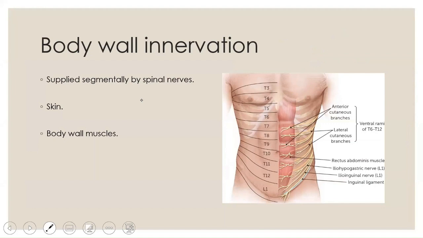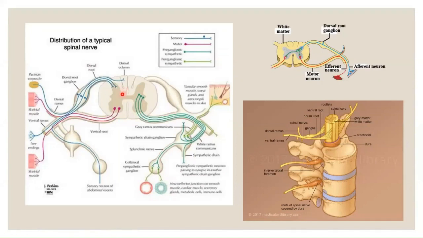If you look at how the body wall is innervated, these spinal nerves, okay, so you have the roots coming out from the spinal cord. These roots get together and form the spinal nerves. This part is the spinal nerve, and again this divides into branches, the dorsal ramus and the ventral ramus, or the posterior ramus and the anterior ramus. Ramus means branch. So you have a posterior branch and the anterior branch.